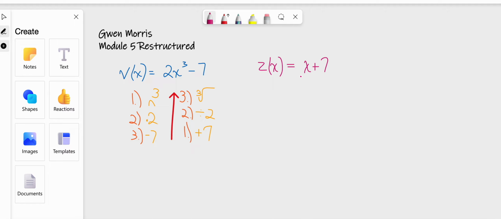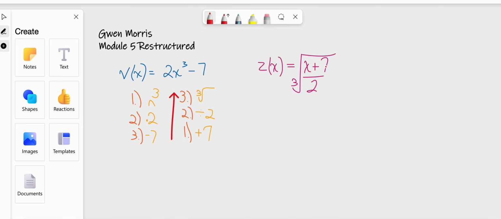Then I'll do the division, so divided by 2. And then we have the cube root, so I'm going to take this whole thing and do a cube root here. Okay.